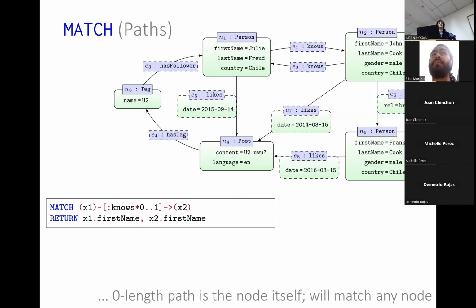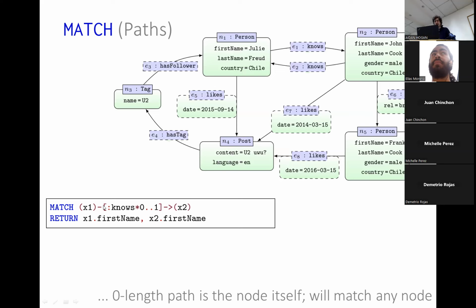It's related to, if you've done automata, this epsilon thing. It's kind of like a step where you don't actually read anything. You just move from one state to another in automata. But essentially, it allows you to go from a node, for example N4, back to N4 for free. So this is the 0 length path, which is the node itself, and will match any node.